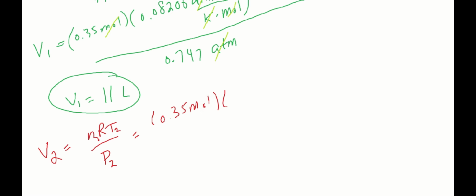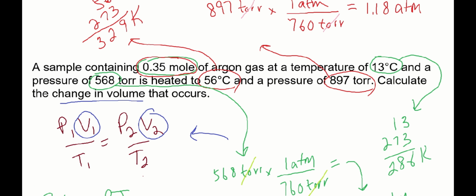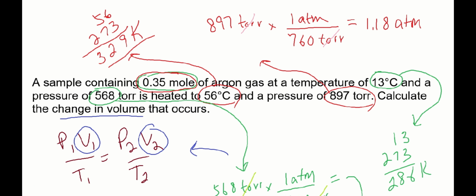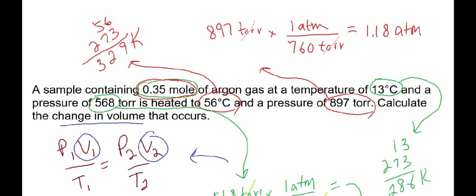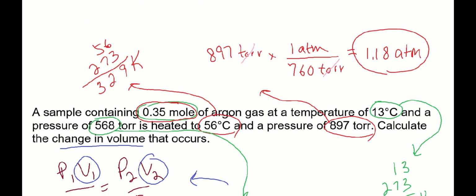The universal gas constant, we'll use the same one because we converted our pressure to atmospheres. Now the temperature is 329 Kelvin. And the pressure is 1.18 atmospheres.